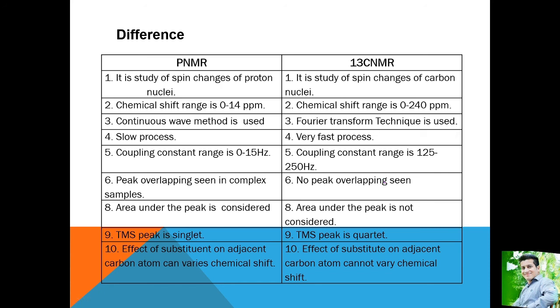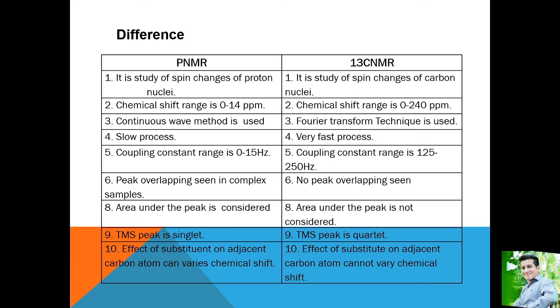The area under the peak is considered for the determination of the signal strength of the particular peak, while the area under the peak is not considered in 13C NMR. TMS is a singlet peak in PMR, while in 13C NMR the TMS peak appears as a quartet.